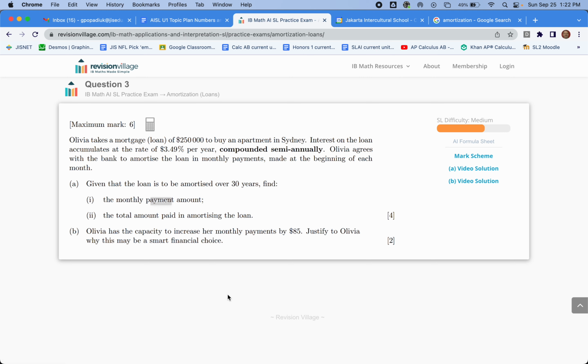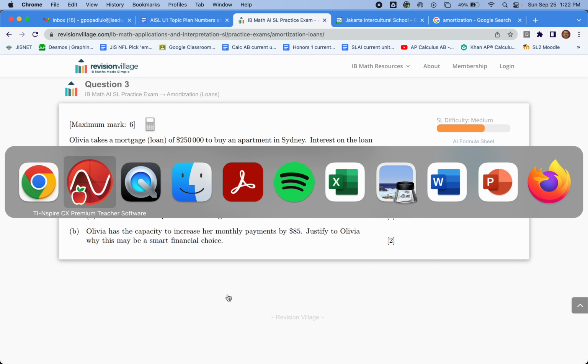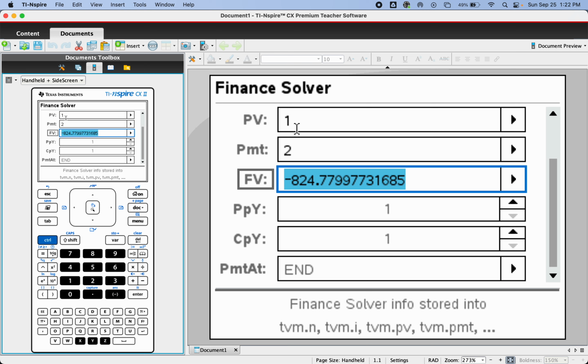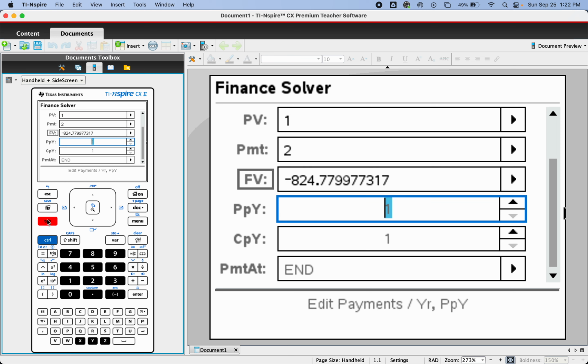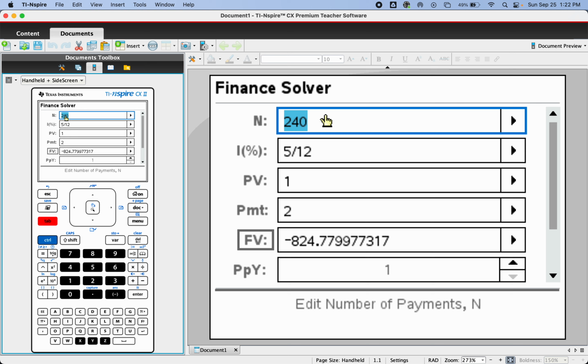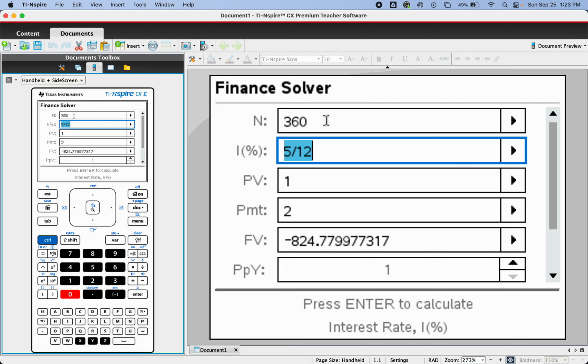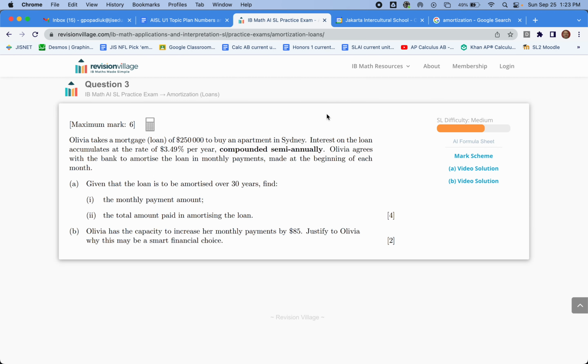So we'll go to the Nspire. In this case, N is the number of payments. She is paying monthly for 30 years, so she's going to make 360 payments. The interest rate annually is 3.49%. The present value is the loan amount, because that's what she got.